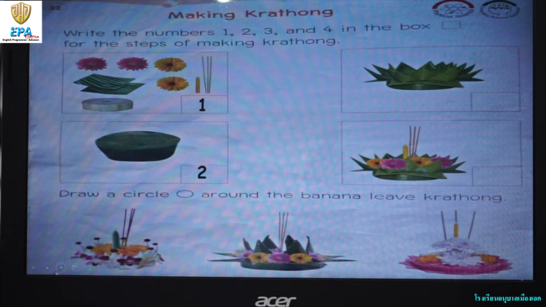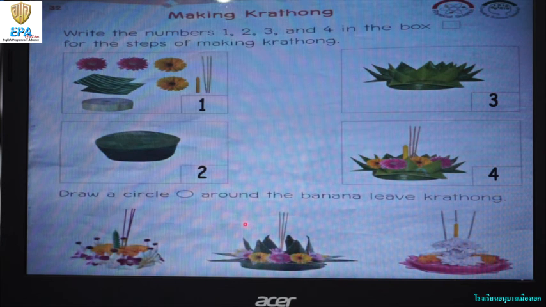And for step number 3, you can now put the leaves around the base which you have prepared, like this one. And for the 4th step, it is this picture. You can now decorate your kratom with flowers and candles.